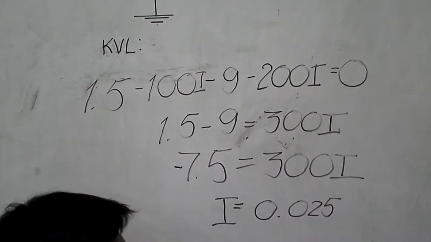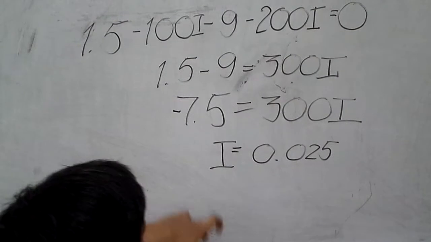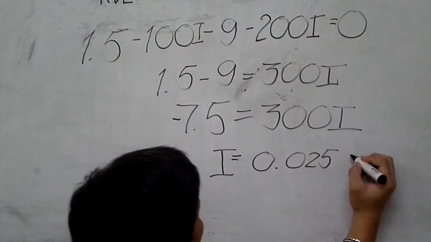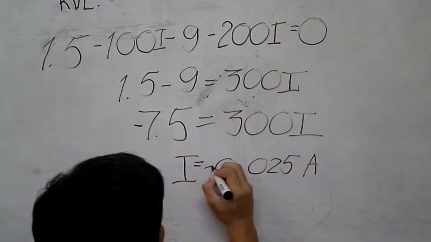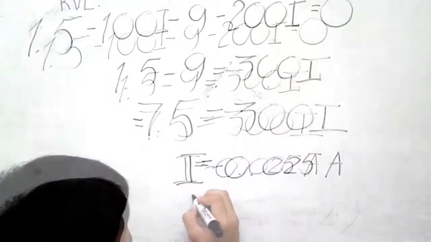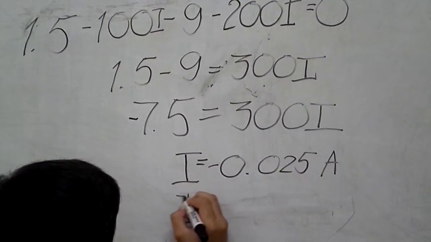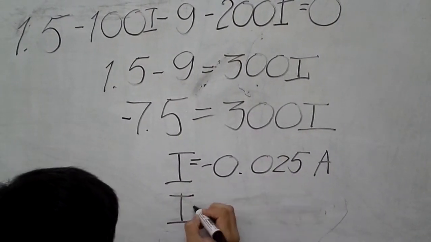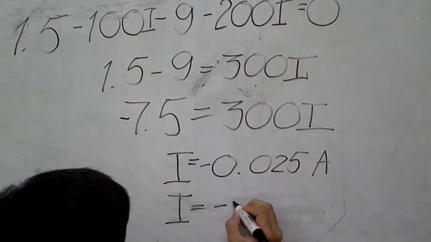Remember that I is in ampere. Oh, negative 0.025. Converting this into milliampere, we will have negative 25 milliamperes.